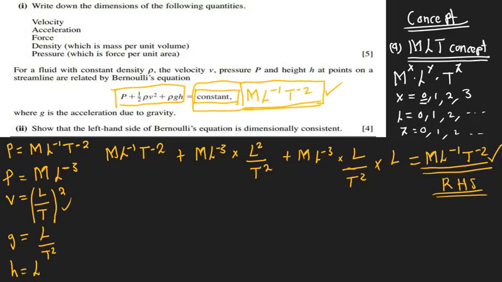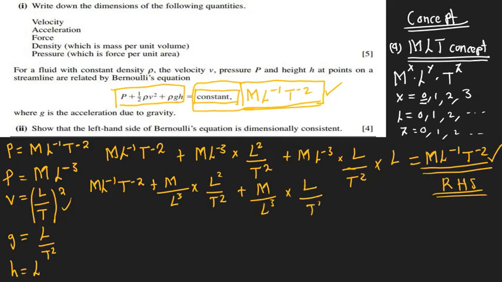Okay, so we know that for the pressure they hold, so we still have M L -1, T -2, plus here we are going to solve everything. If we try to solve that, this is going to be M over L3 multiplied by L2 over T2, plus this is going to be M over L3 multiplied by L over T2.